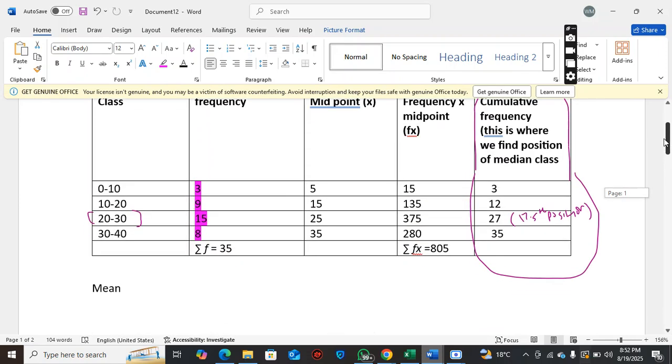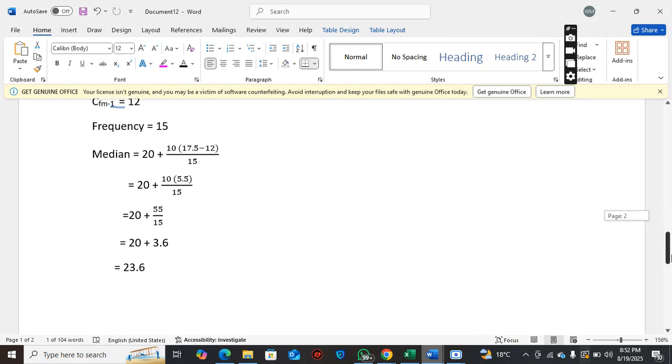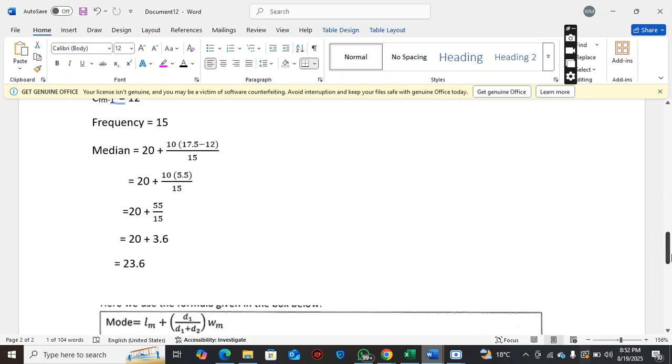You come back to this column again, 12. Frequency of the median class, 15. And then you can put it in the formula. So with median, there's quite some work.